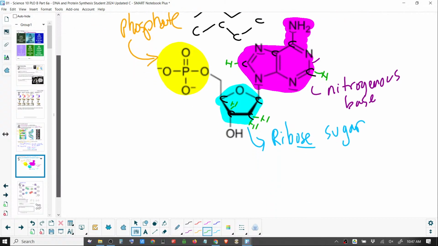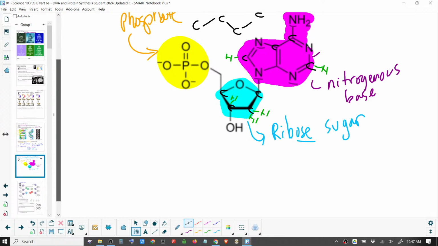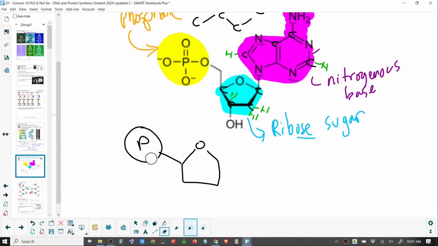Now, I wanted you to see that diagram and draw it at least once so that you can appreciate the complexity that's going on. The nitrogenous base is larger, it has nitrogen in it, but for 99% of the time in biology, here is how you're actually going to be expected to draw it. Draw the ribose sugar, and then you go phosphorus. Actually, probably should make that a little smaller.